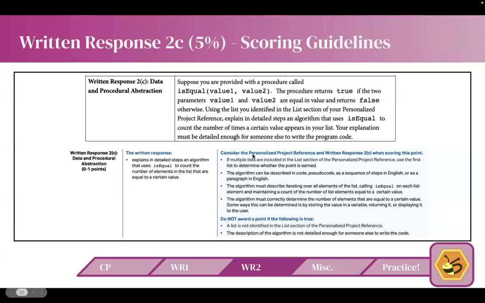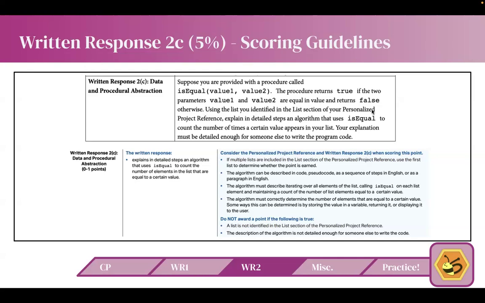Okay, so I want to real quick talk about how this question is asked, right? In general, suppose you're provided with a procedure, blah blah blah. This is all you're going to need to do every time. You're always going to have to go through your list with a loop. And then in that loop, you're going to have to call the procedure that they give you.